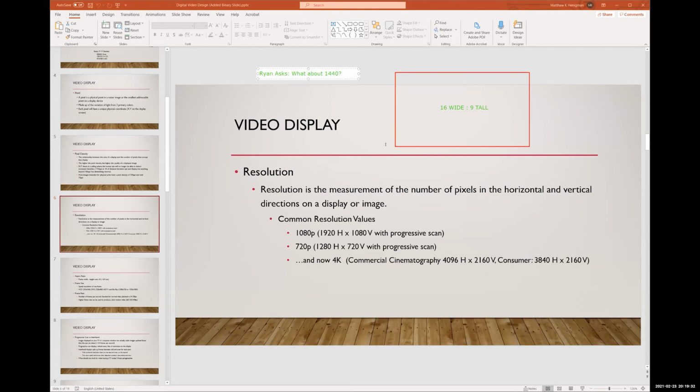Yeah, cross product. So he asked, what about 1440? So 1440 must indicate the vertical resolution.